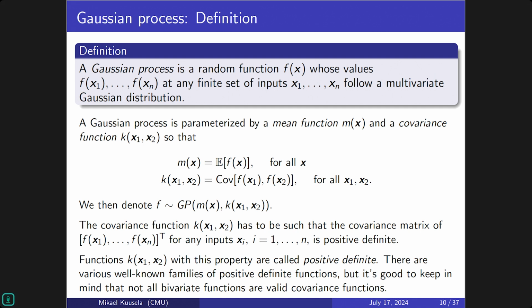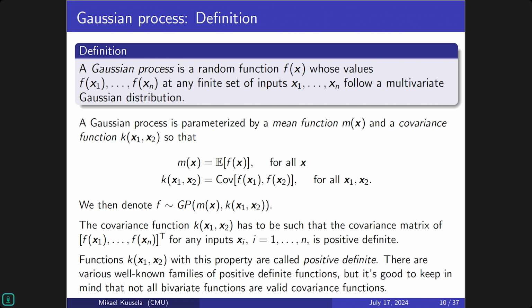Similar to what we discussed with the covariance matrix, that not all matrices are valid covariance matrices, the same thing is true for these covariance functions. Not all functions are valid covariance functions. What we need to guarantee is that the covariances this function gives us lead to a covariance matrix, for any collection of these points, that is a positive definite matrix.